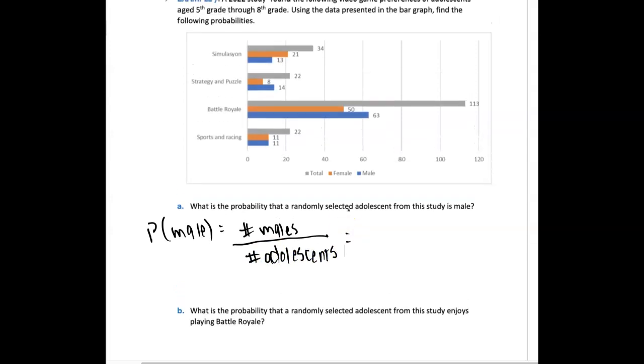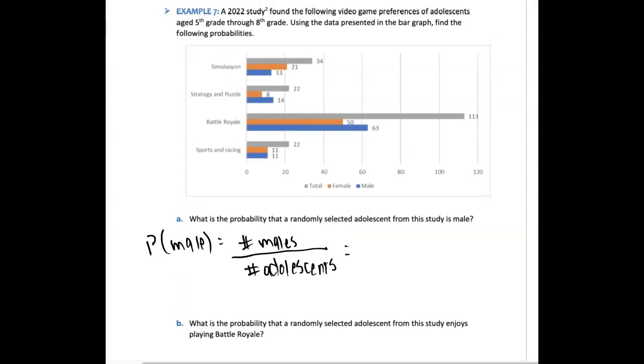Okay, so I will use green circles here. So the number of males in this study, males are represented by these blue bars. So there's 13 males here and 14 here, 63 here, and 11 here. So the number of males in this study is 13 plus 14 plus 63 plus 11.